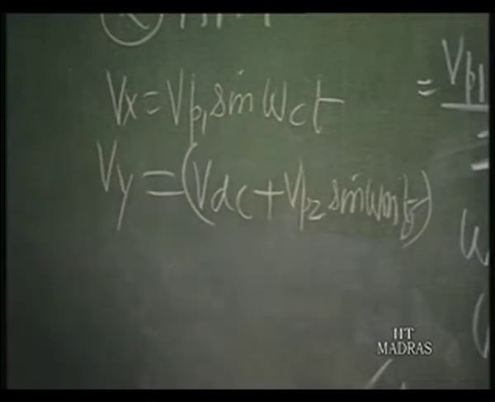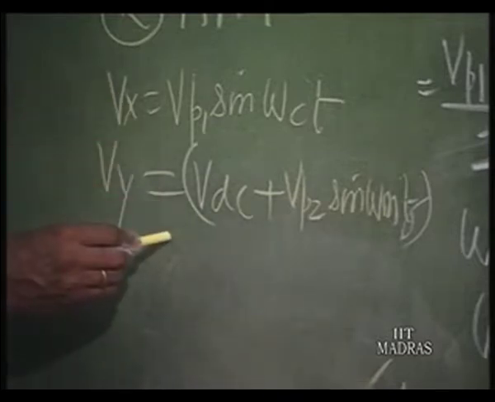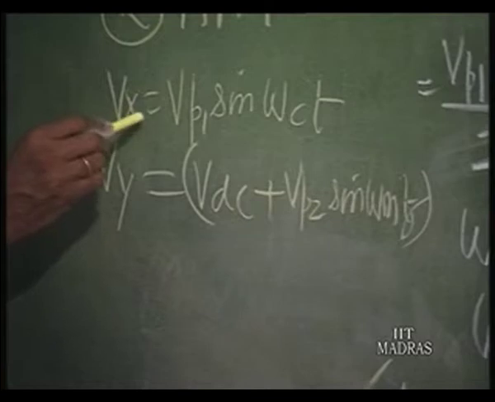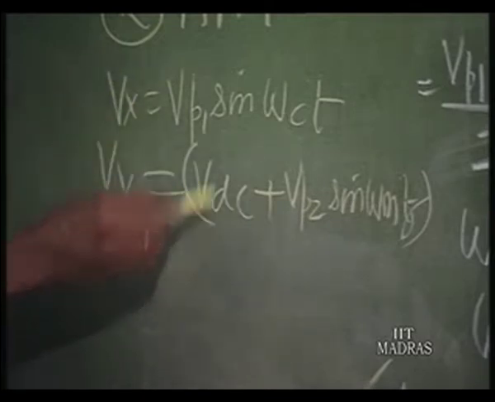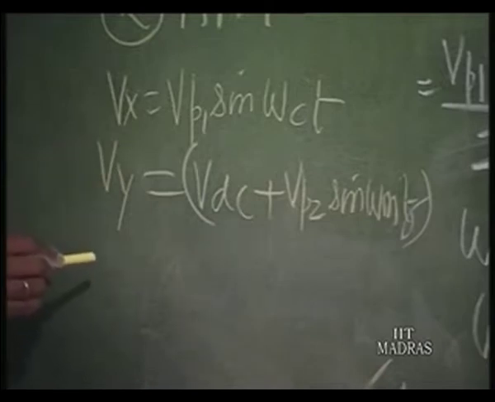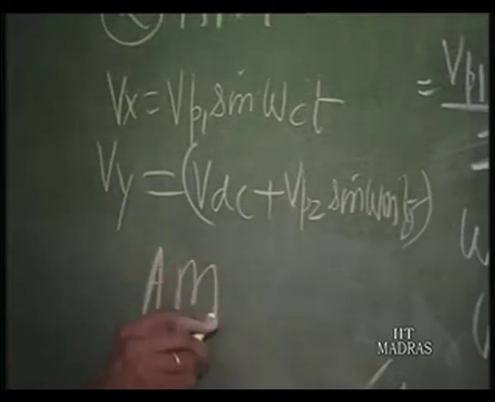Therefore, this is nothing but a non-ideal multiplier, where the x feed through component is coming. It is not just the product component. So, if you have a non-ideal multiplier, you can obtain an amplitude modulated signal.